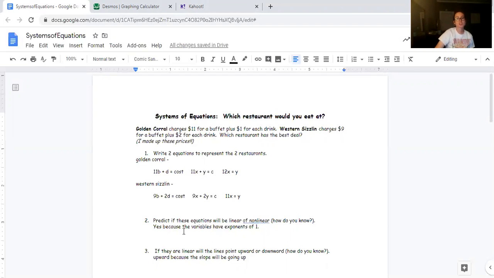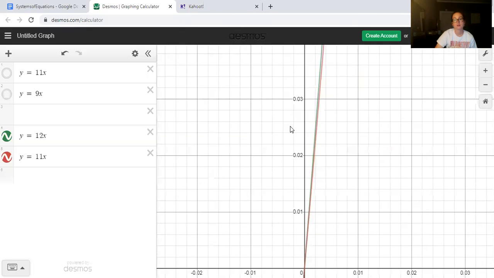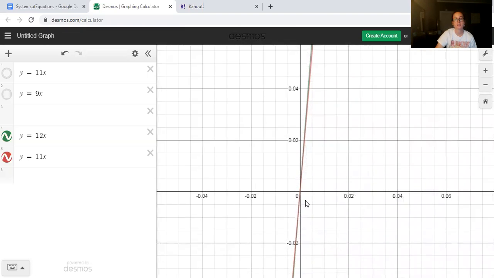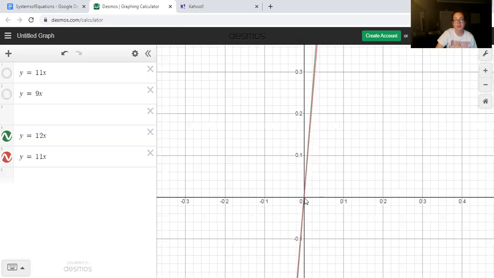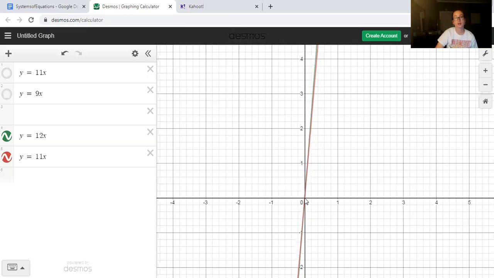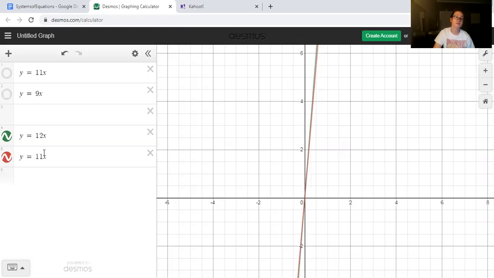So for this situation, you can plug this into Desmos and see that it is what we expected. They both have positive slopes because every person makes the price go up. If you notice, they look almost like the same line, and it almost is, but it's off. The slope is off by $1. So it's a little bit of a difference.